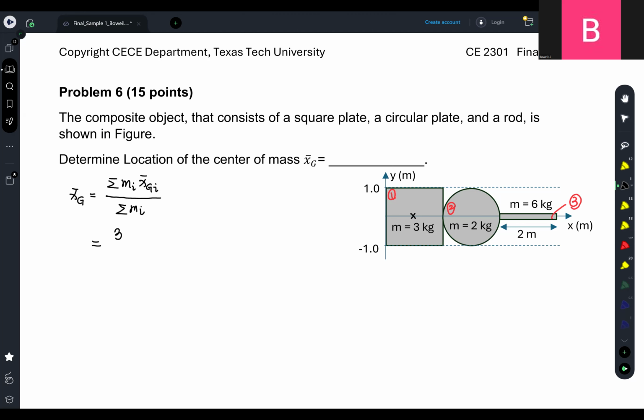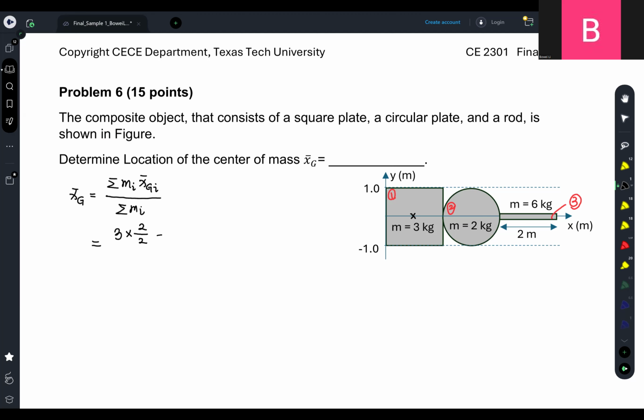The x coordinate of the center of the square is half of its base, so the base here equals 2, divided by 2. So it is located at x equals 1 meter here, right?